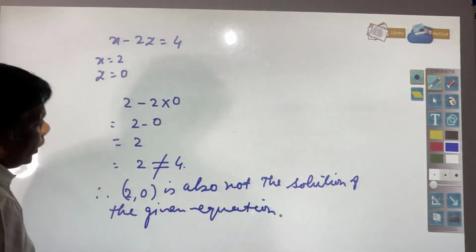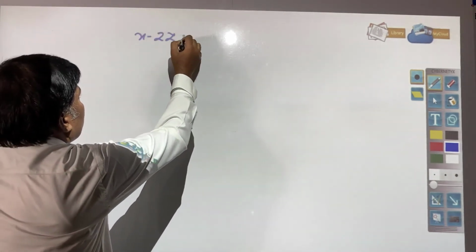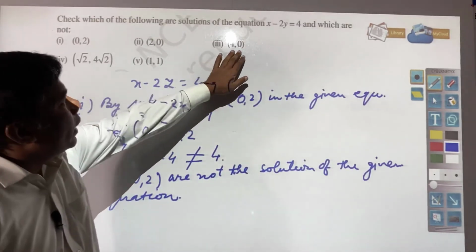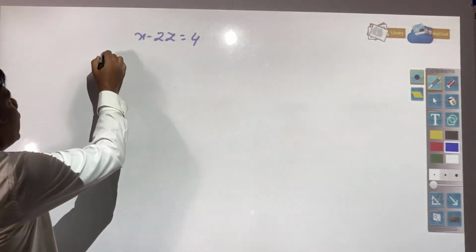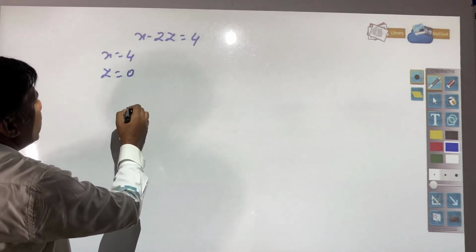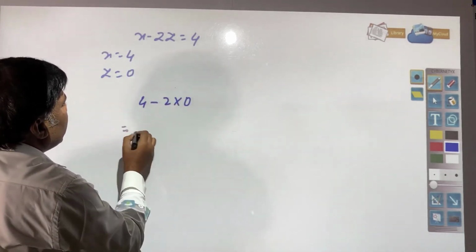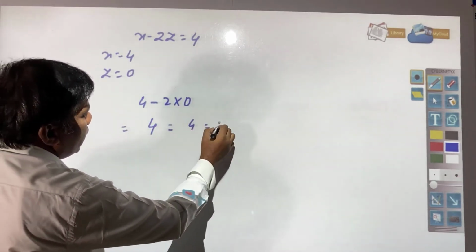Then you find out x minus 2y equal to 4, and then you have 4 and 0. X is equal to 4 and y is equal to 0. Then you see 4 minus 2 into 0, and that is equal to 4, that is RHS.